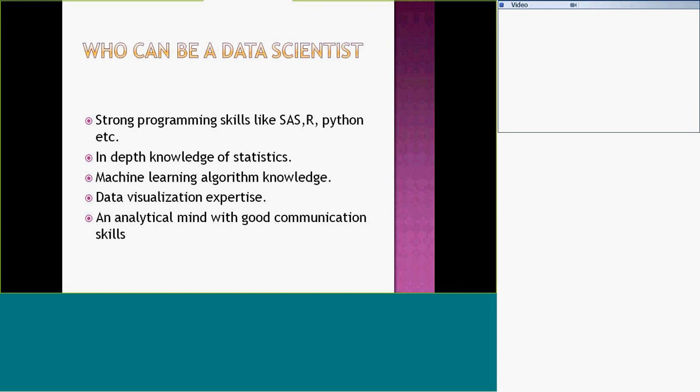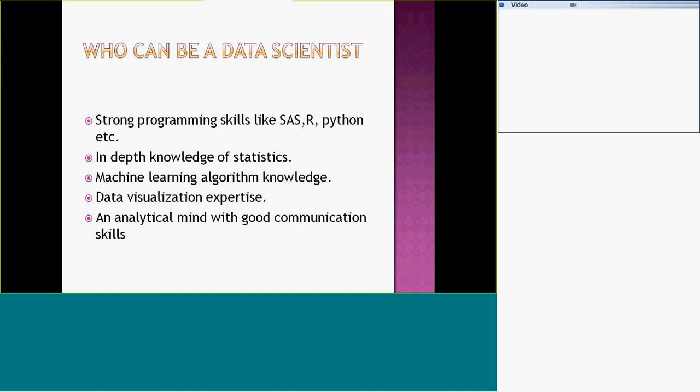Okay, so let's go ahead and check what skills you should know if you're looking for a profile in data science, data analytics or business analytics. You should have skills in SAS, R and Python, so that you can go for a data scientist or a data analyst profile. Apart from that, you should have in-depth knowledge of statistics.